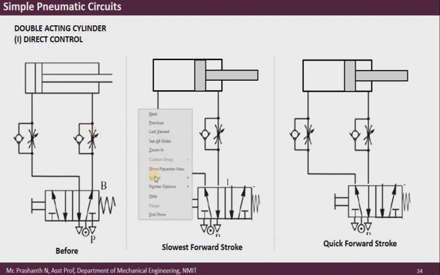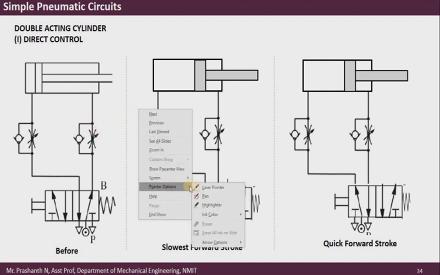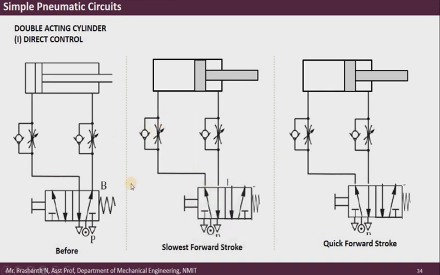So where will you make use of this? As I told, to control the speed. If you want to move the piston slowly, you can make use of this. If I increase the cross-section area of this throttle, then the speed of actuation can be increased.